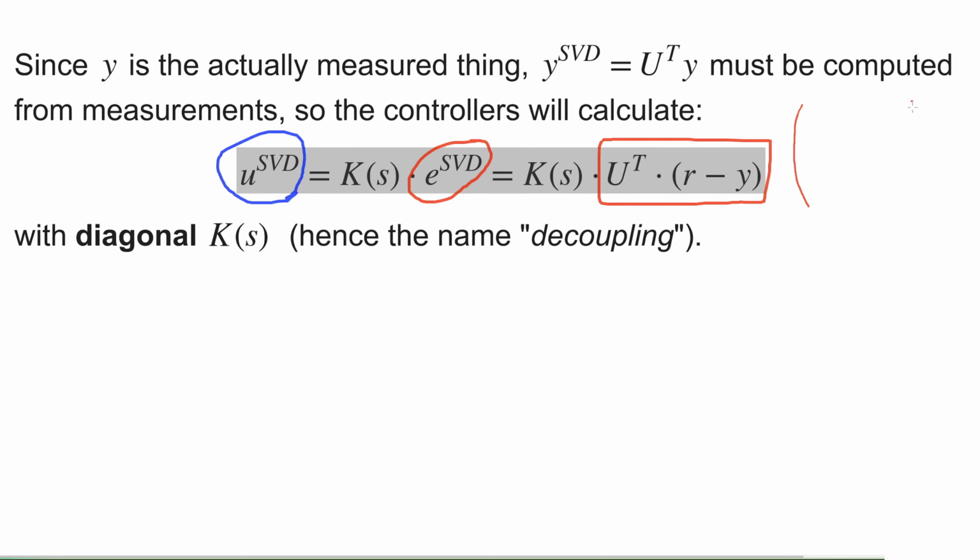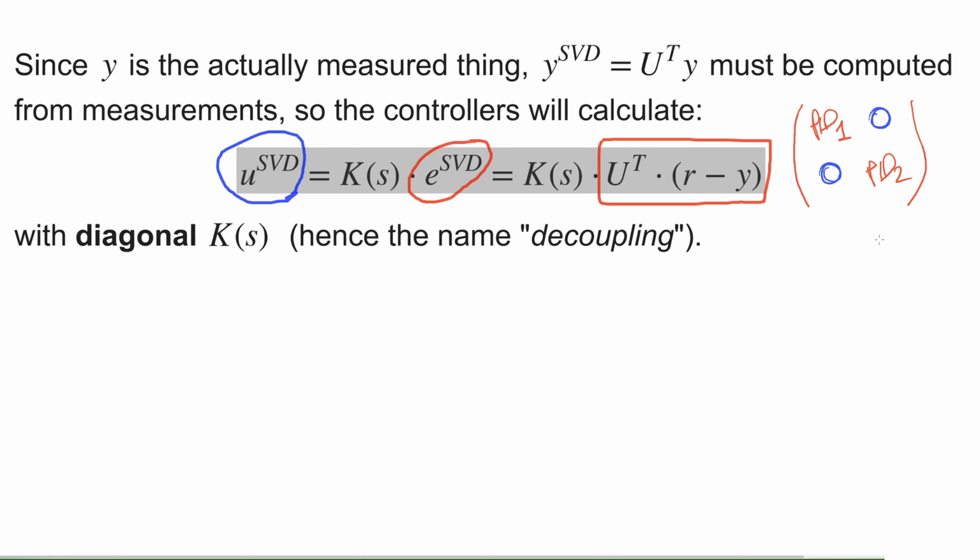I can design K of S as a diagonal controller. I'll have, say, a PID 1 for controlling principal maneuver 1, a PID 2 for controlling principal maneuver 2, and then some zeros. Depending on whether I am using the economy size decomposition or the full decomposition, I may have additional rows or columns of zeros so that matrix dimensions are set up in the right way. But that's an implementation detail.